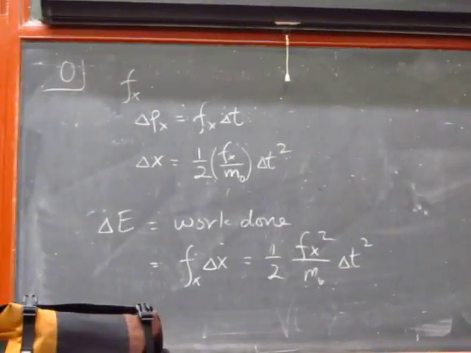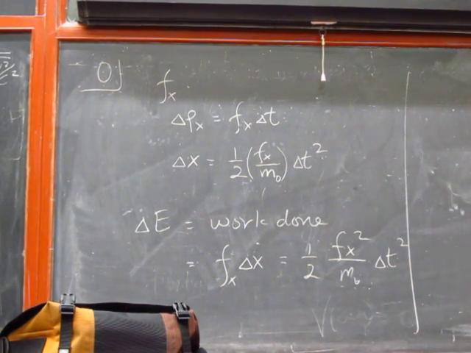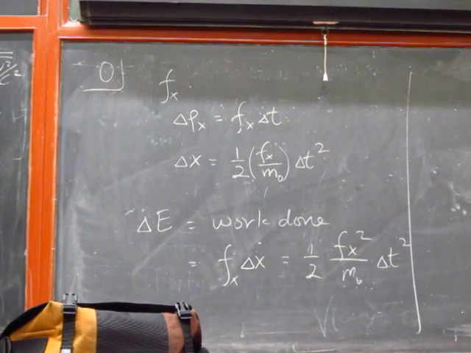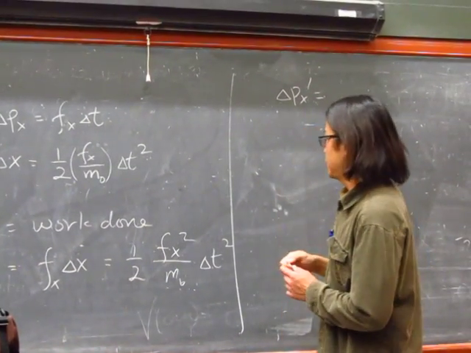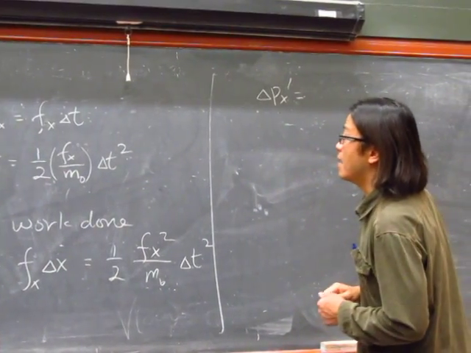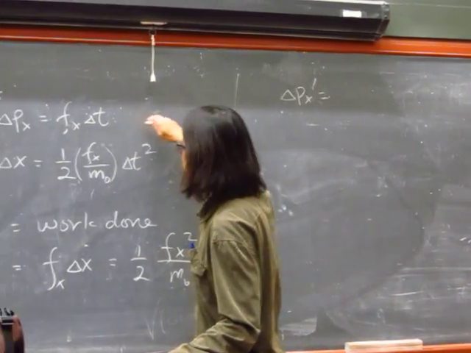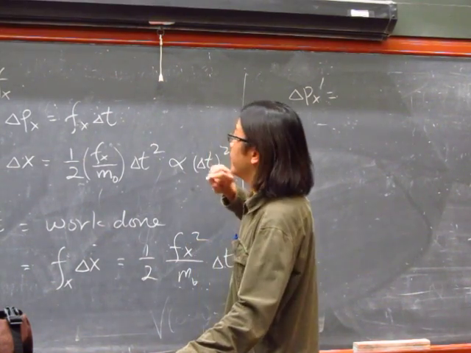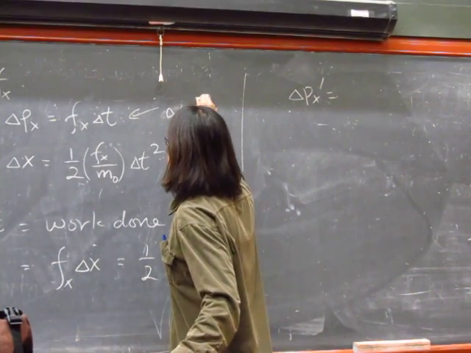So if I look at that expression over there, delta px prime just becomes, well, let's group things. If you look at this as a function of delta t, then delta x is proportional to delta t squared, but delta p is proportional to just delta t.